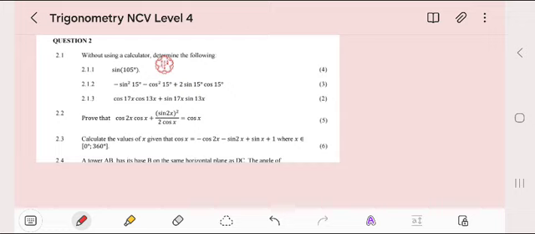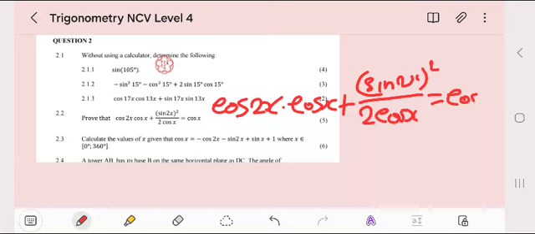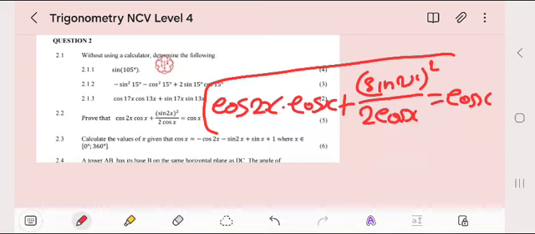So prove, we are given the proof again. Cos 2x multiplied by cos x plus sine squared 2x all over 2 cos x must be equal to cos x.